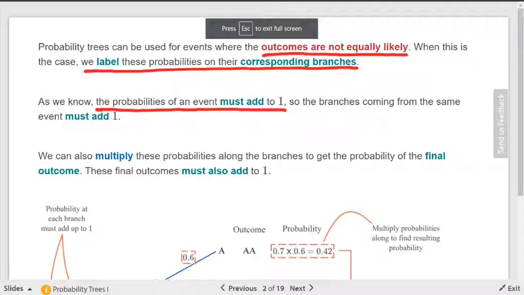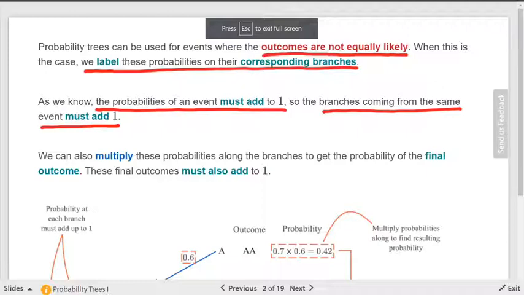So, when you're looking at the branches, and I'll pull it down in just a minute and show you what that looks like, the things that you have on corresponding branches have to equal 1. So branches coming from the same event must add to 1.